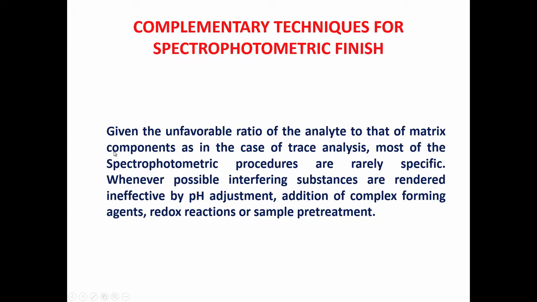Coming back to this last sentence, what you are seeing on your screen is the way ahead to make a reaction specific. For example, if there are 2 or 3 substances with which a given reagent gives colored substances, we can optimize the pH at which it will react with each analyte.